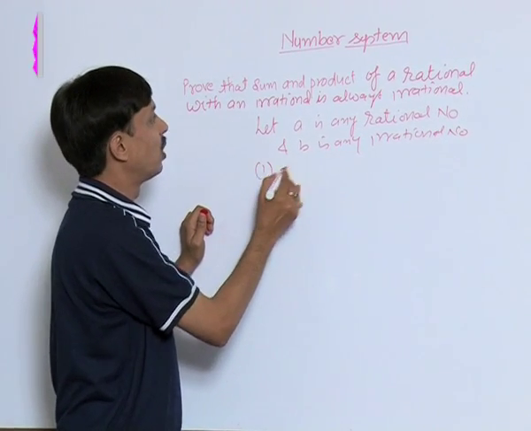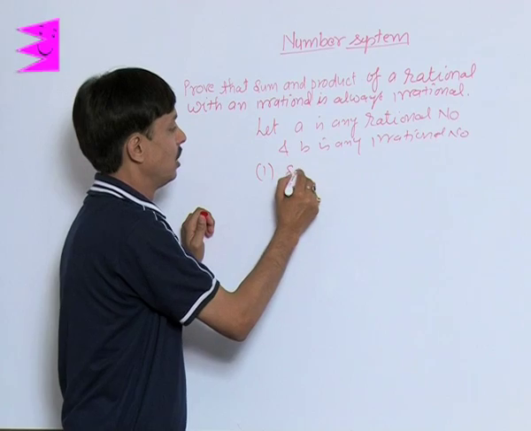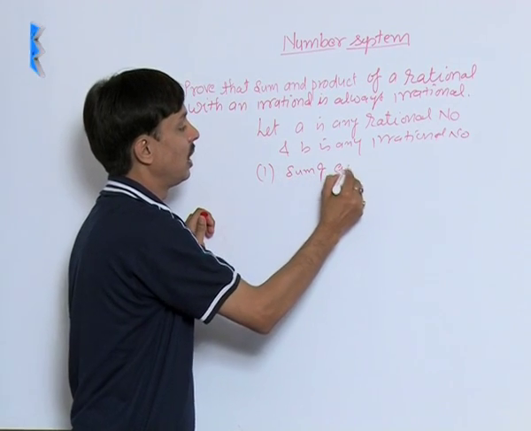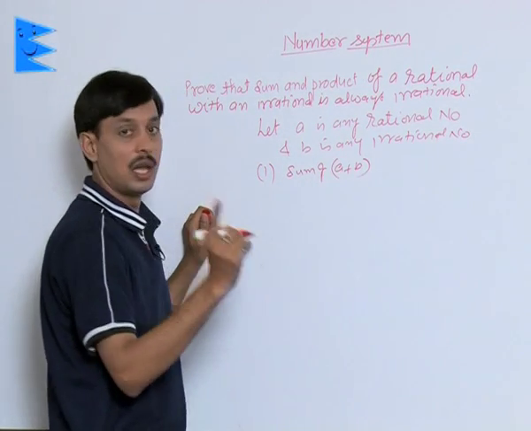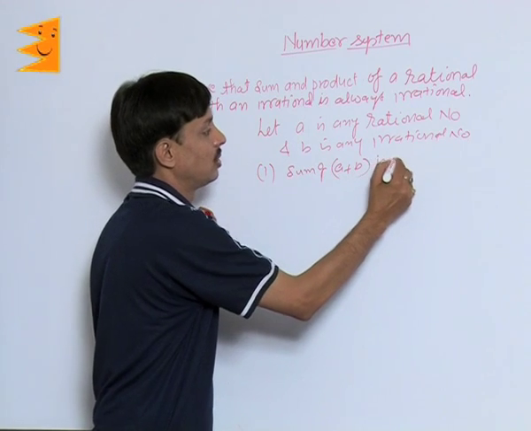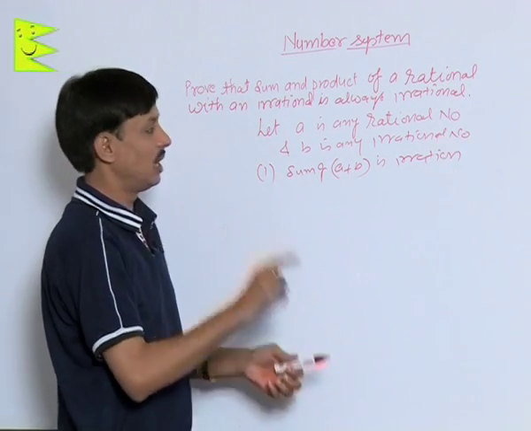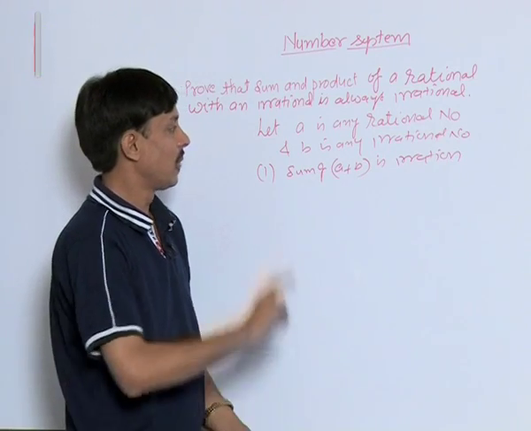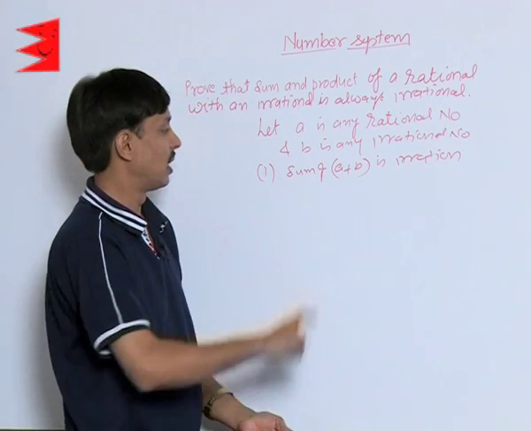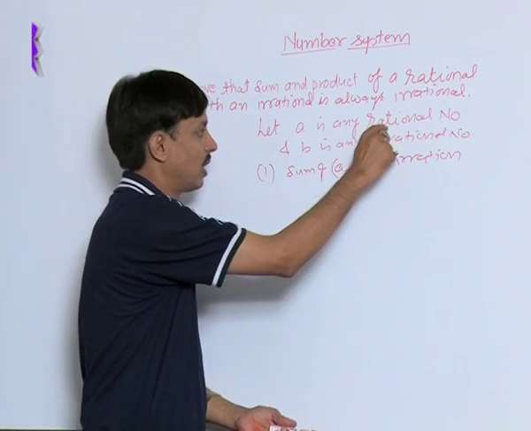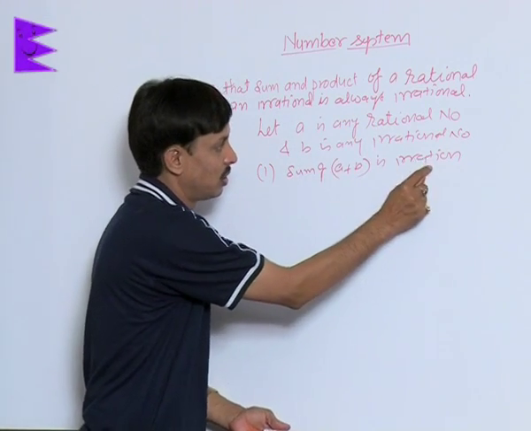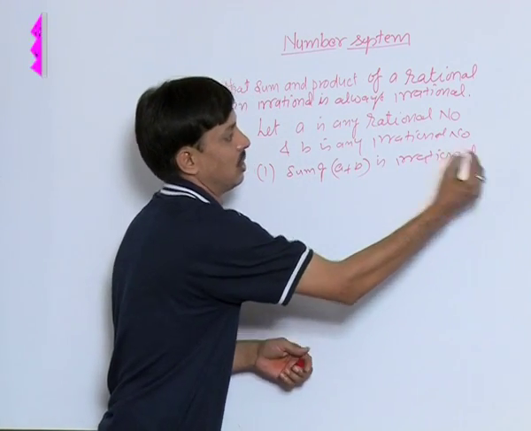First part, what I want to prove is that the sum of A and B, that is A plus B, is irrational. I want to prove that if A is any rational number and B is any irrational number, then the sum of a rational with an irrational is always irrational.